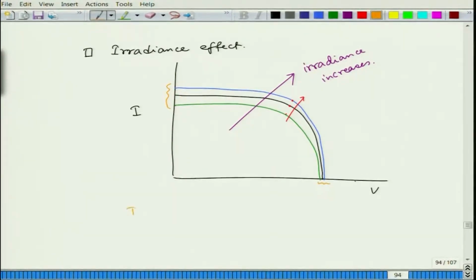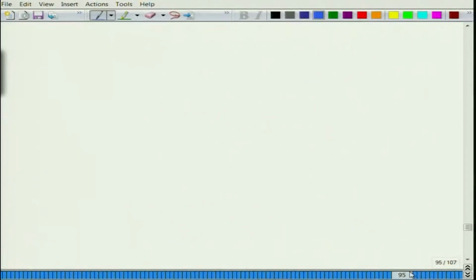So, ISC is affected more than the VOC by the irradiance change, but PM increases with irradiance. Okay. That is the intuitive thing you can say.